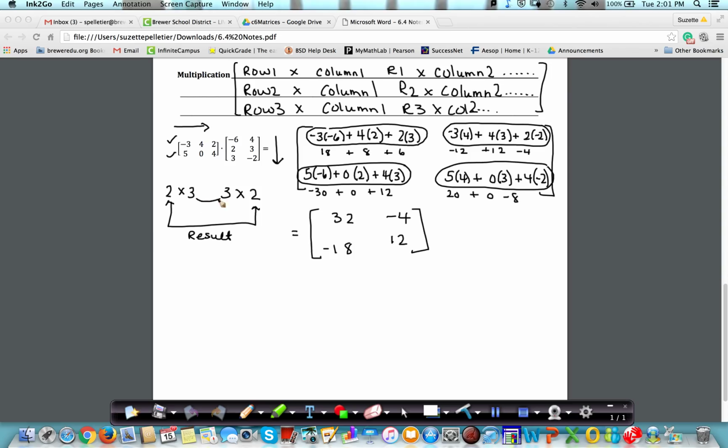And the fact that these inner numbers are the same means that yes, we can multiply them together. The reason is that if there's 3 columns in the first one, there needs to be 3 rows in the second one so that they each have something to be multiplied by. So these have to be the same. And if they are, then the resulting 2 by 2 is what you're going to get for a resulting matrix. Okay?